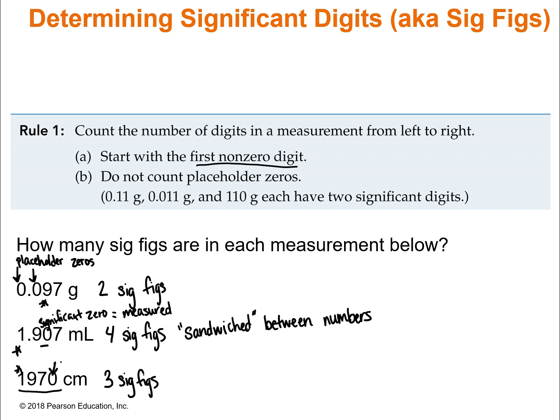This last 0 is a placeholder. If it wasn't there, we would have a different number. How do I take this number and represent it as 4 significant figures versus 3? So let me rewrite. That's 3 sig figs.